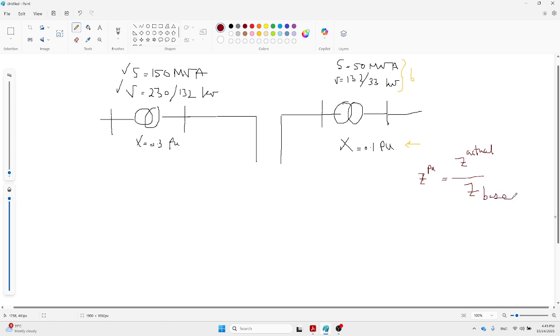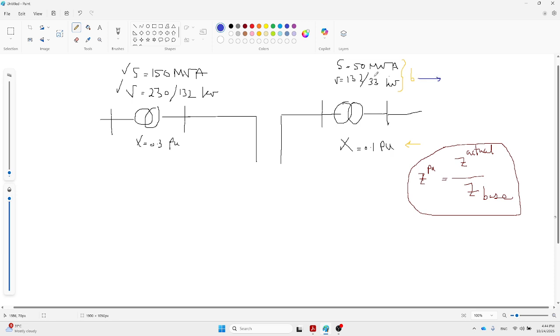This is the formula for per unit. If it is V, it is V per unit, V actual, V base. It is I per unit, I actual, I base. Right now the question is, what is the Z base here?